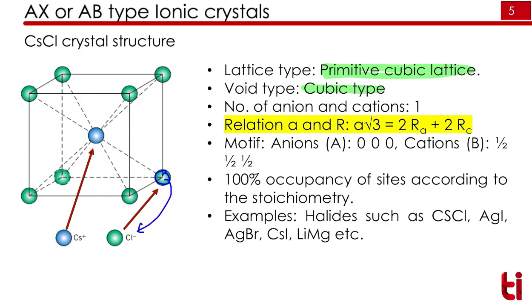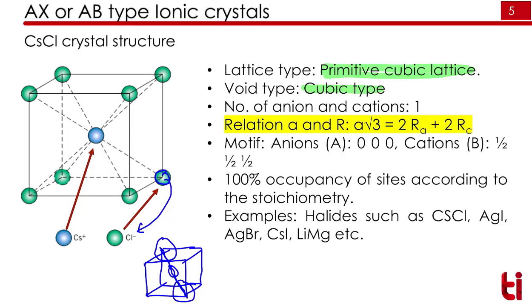Now if we draw the structure of this unit cell, it will look like this. The cation is at the body center, the void position of the body center. So we have an anion here, an anion here, and a cation here.